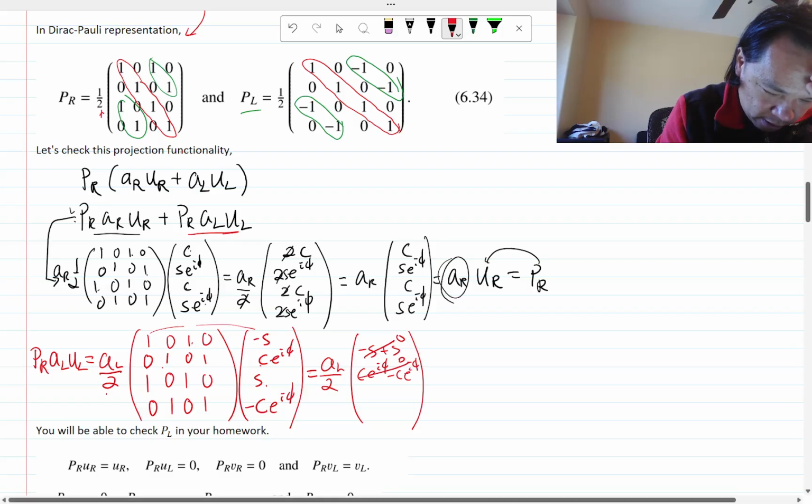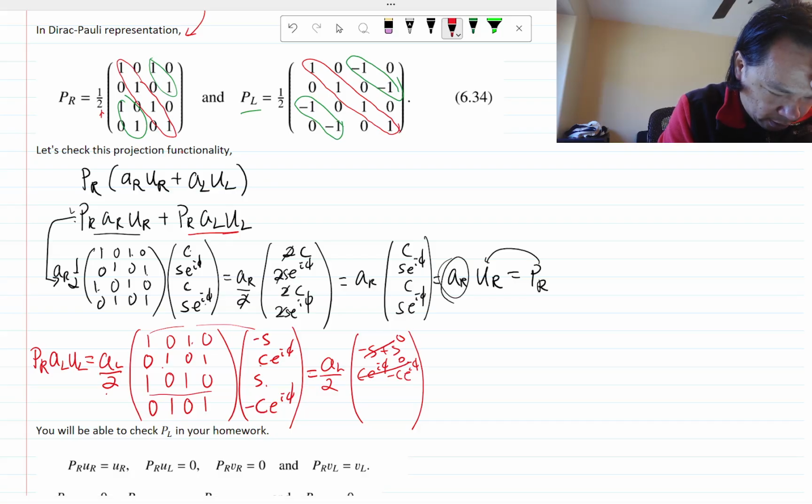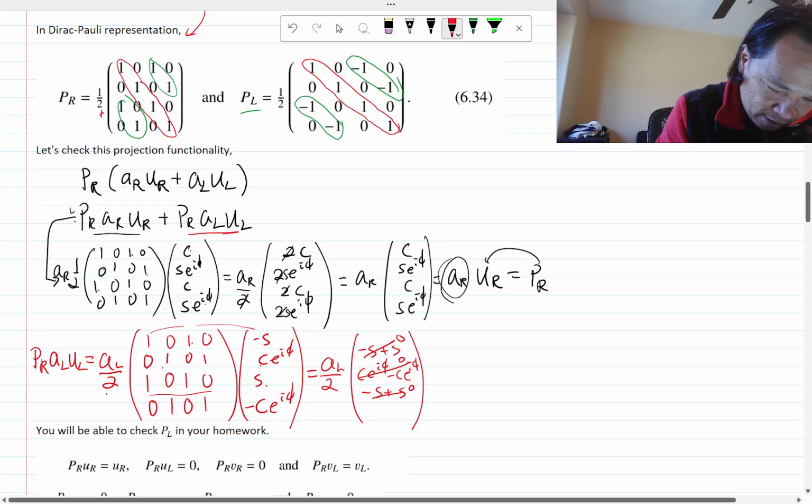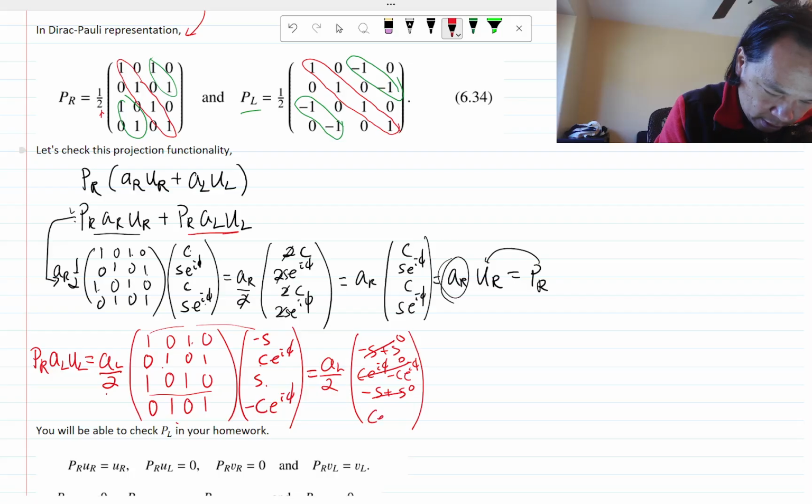I think you guys are seeing what's happening here. For the third component, we get S minus S plus S, also 0. And then the fourth component, you get C e^{i phi} minus C e^{i phi}. That's also going to be 0.